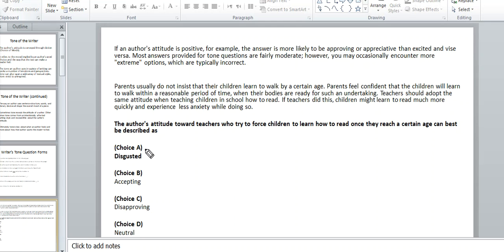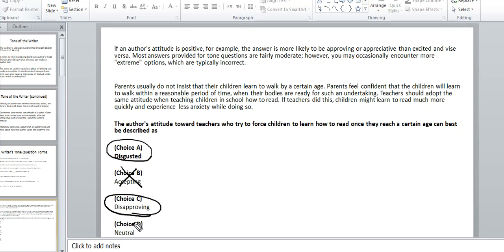Okay, possible answer, choice A. Accepting, not really, because he was somehow throwing shade on teachers, so choice B is excluded. Disapproving could also be a possible answer because it has negative connotations to it.